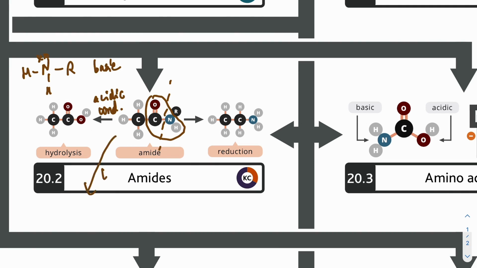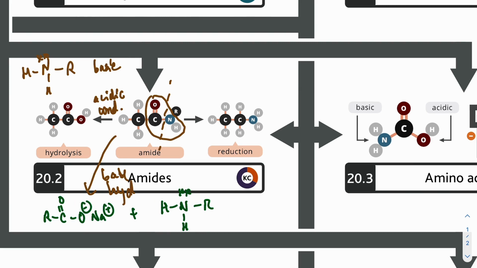Whereas if you do it under base hydrolysis, what you will get is the salt of the carboxylic acid. If I use sodium hydroxide, I'll get Na+. If I use potassium hydroxide, I'll get K+. But of course, your amine is basic, and when you are in basic hydrolysis condition, your amine will not protonate, but your acid will get deprotonated.